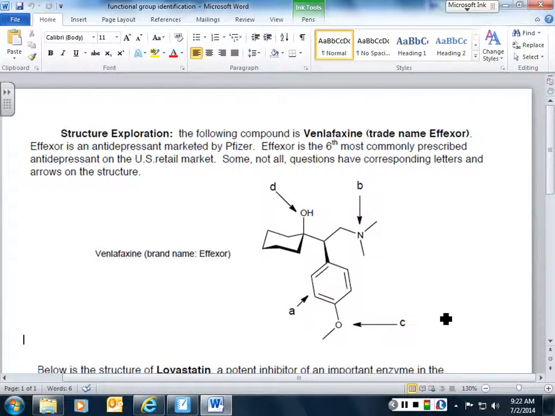If you see A, what will be your answer? Aromatic, because it's a benzene ring, and benzene ring belongs to the aromatic family. So you are identifying the family. So what you will say is A is aromatic.